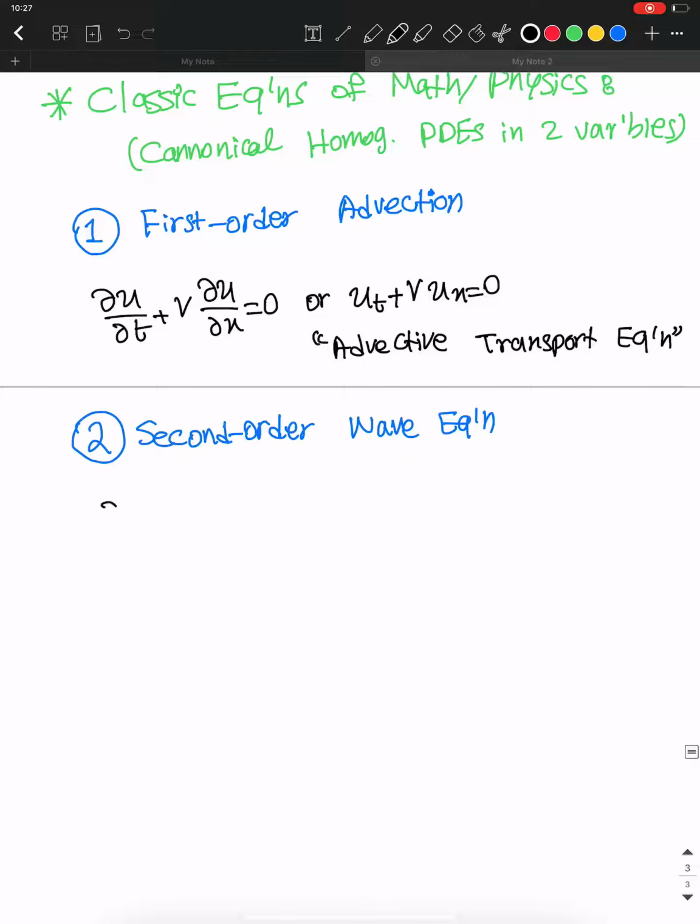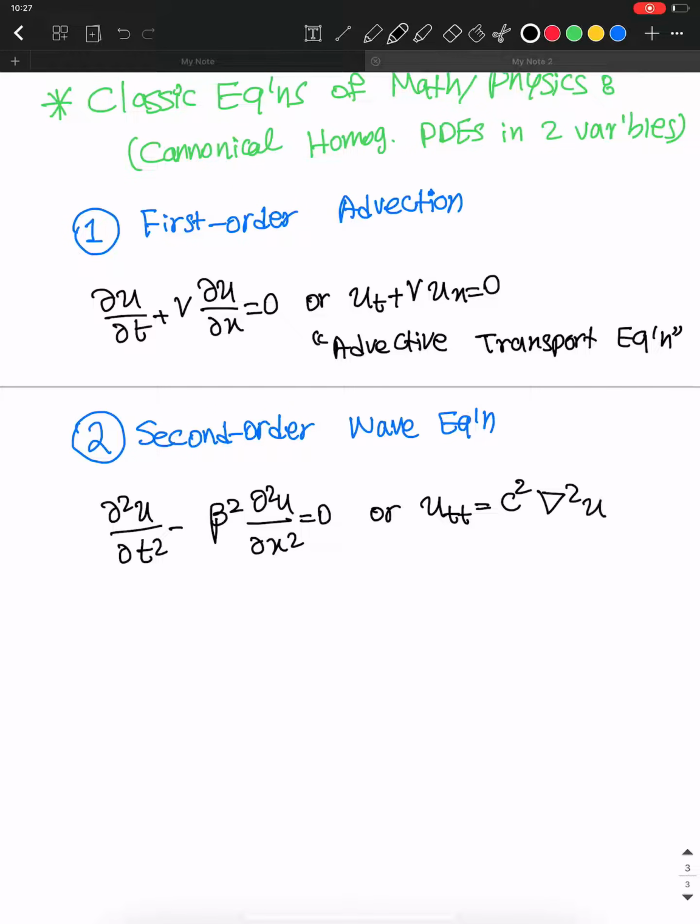We can write it as d square u over dt square minus beta square d square u over dx square equals 0, or we can write it in another form, which is utt equals c square grad square u.